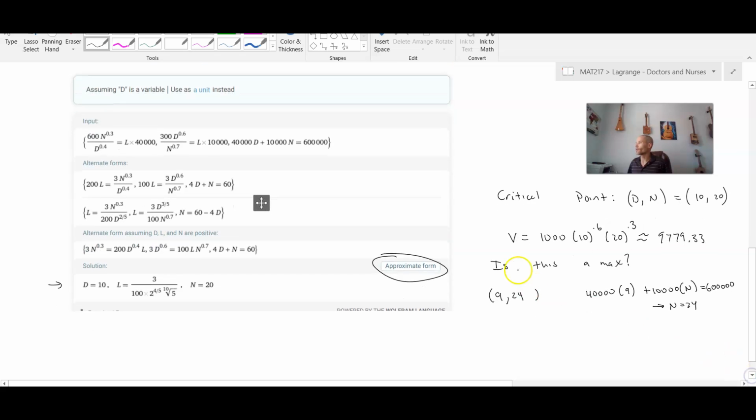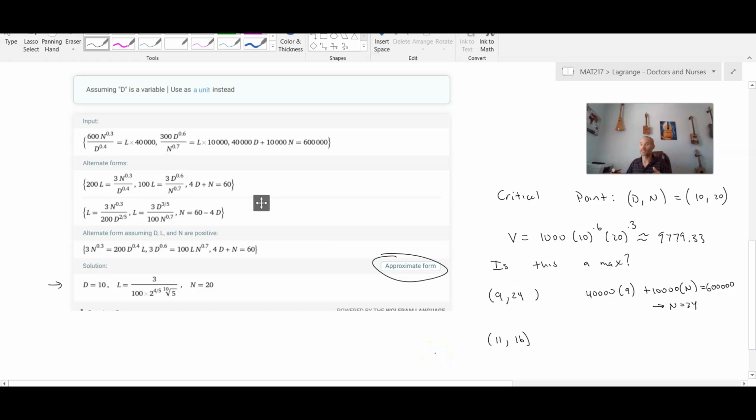And I'll also consider the number of doctors being slightly greater. If I increase by 1 doctor, I have to decrease by 4 nurses. From having 10 doctors and 20 nurses, I can now only have 11 doctors and 16 nurses. And again, the reasoning for that is because each additional doctor is going to cost 40,000.